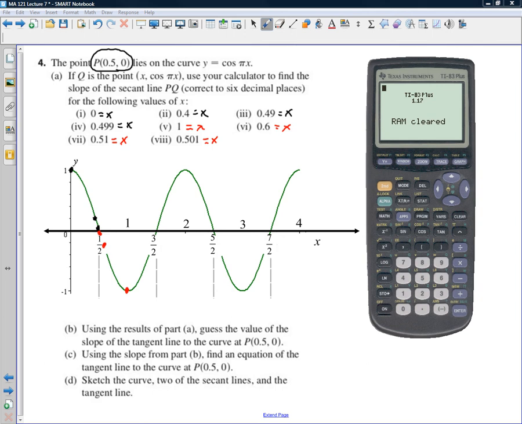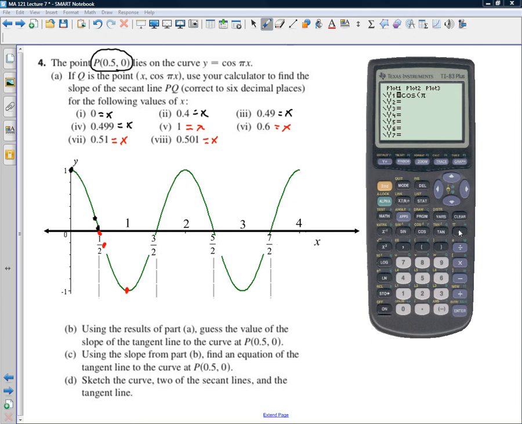Now, first thing we want to do is go over to the y equals button, and enter the formula for our curve. So in this case, it's the cosine of the quantity pi, and use the pi key, which is just over the division sign. Have to hit the gold key first.